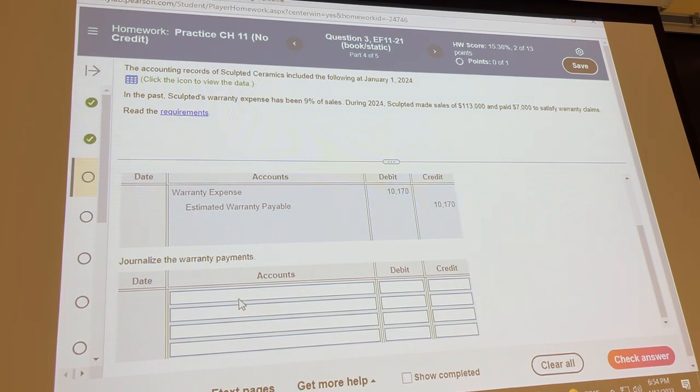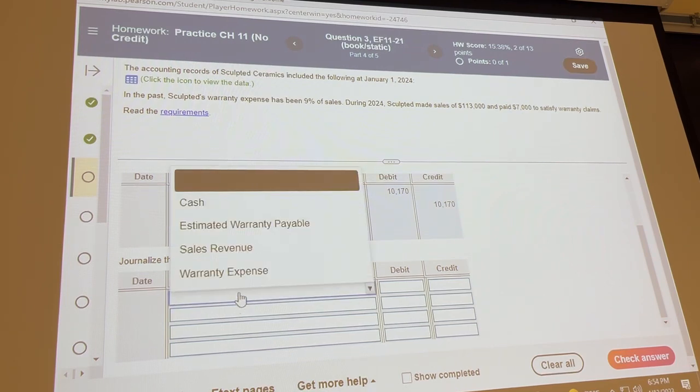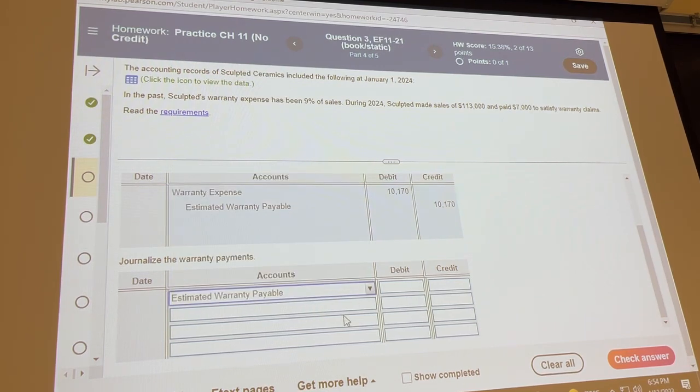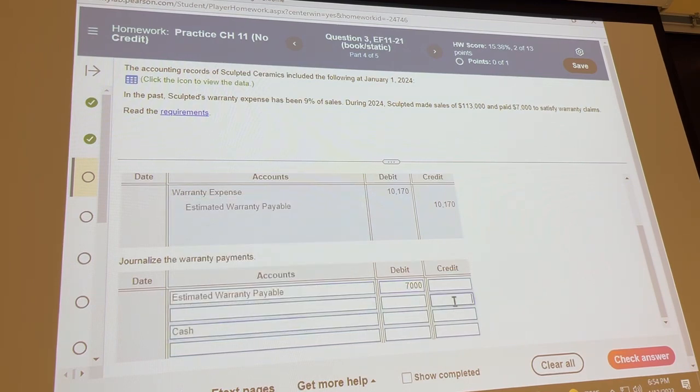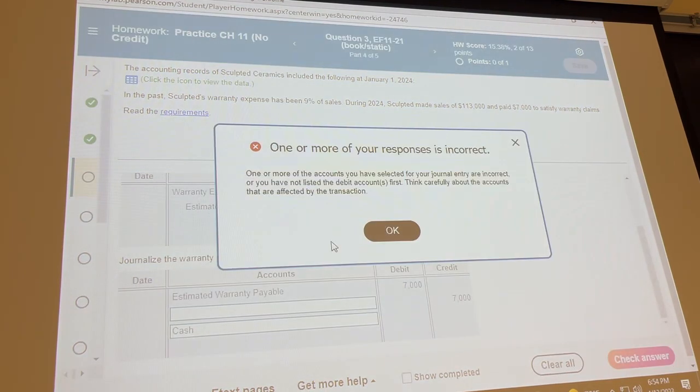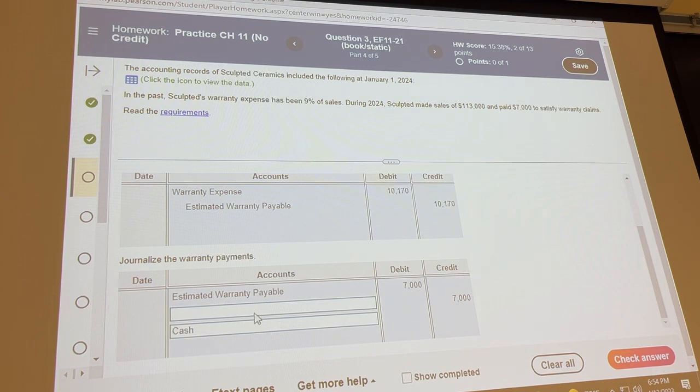So before we credited estimated warranty payable, so now we're going to debit estimated warranty payable for $7,000, and then we will credit cash $7,000. Oh, I put it on the wrong line.